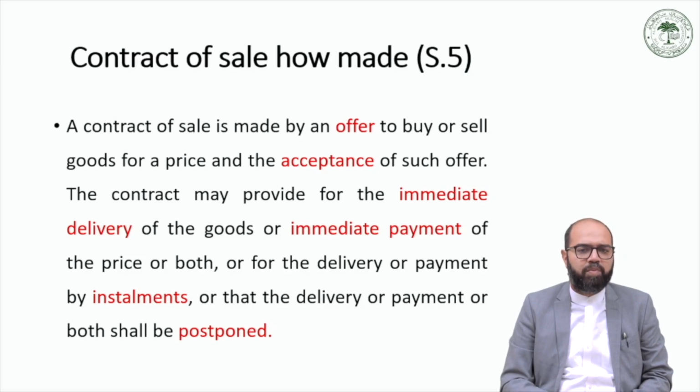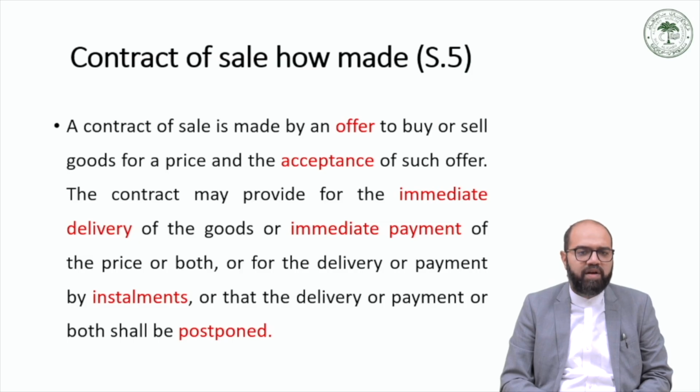The contract may provide for the immediate delivery of the goods or immediate payment of the price or both, that is immediate delivery as well as immediate payment, or for the delivery or payment by installments, or that the delivery or payment or both shall be postponed.